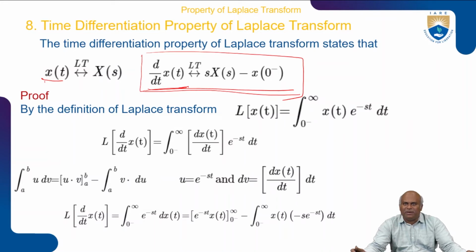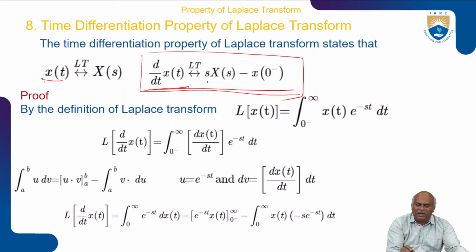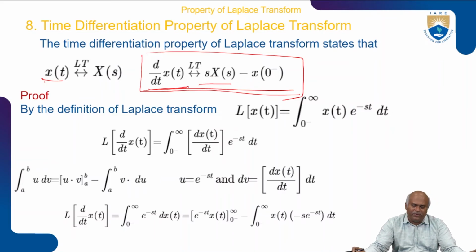When you differentiate x(t), in the Laplace domain the output signal is multiplied with s, giving s X(s) minus x(0-). Proof: by definition of Laplace transform, the Laplace transform of x(t) is equal to the integration from 0 to infinity of x(t) e^(-st) dt.